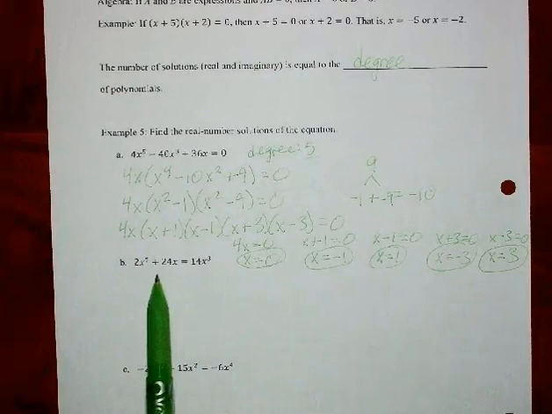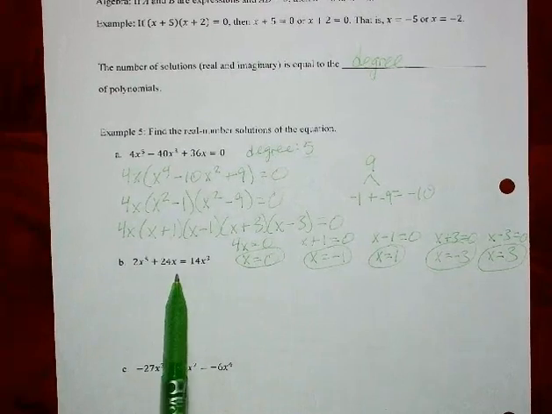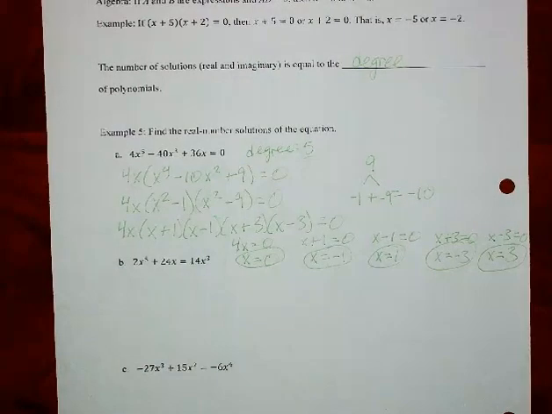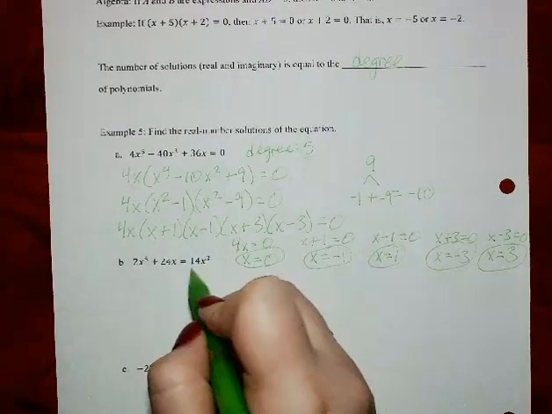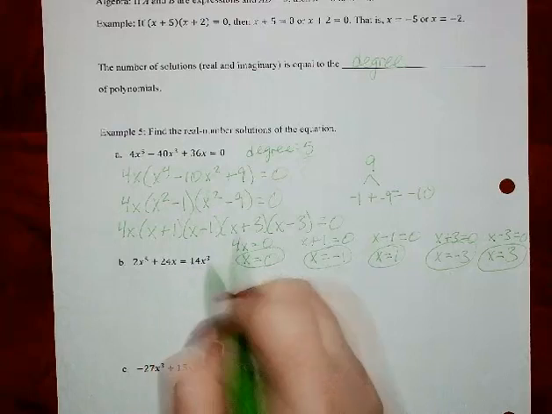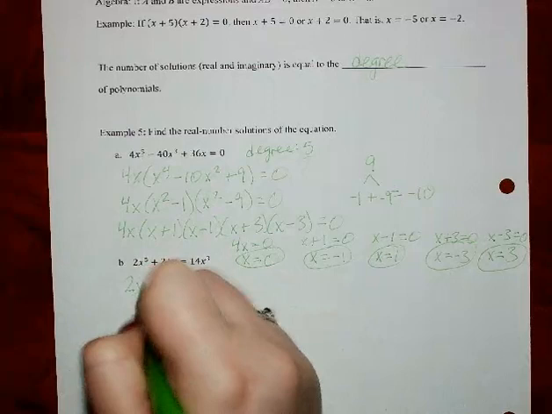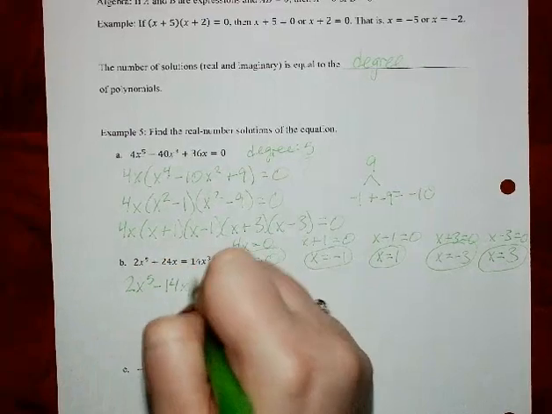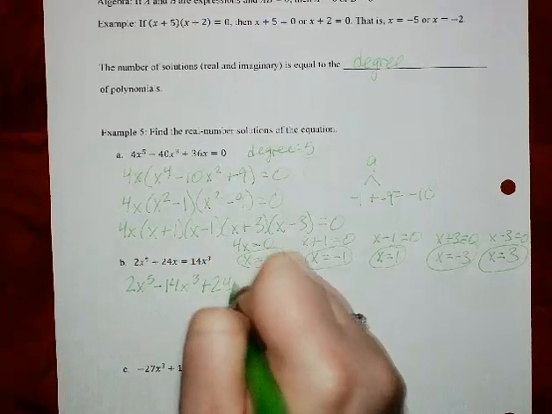Now for part B, we have to get it equal to 0, otherwise the zero product property doesn't work. So I'm going to subtract my 14x squared, or x to the third, to the other side. So I get 2x to the fifth minus 14x to the third plus 24x.